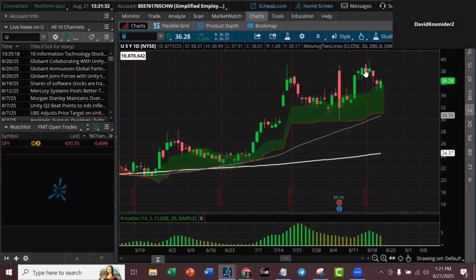And it drifted up since then from post earnings date, 34 up to just about hitting 40. So that's a big percent move. $6 on a $34 stock. Yeah, that's pretty good.